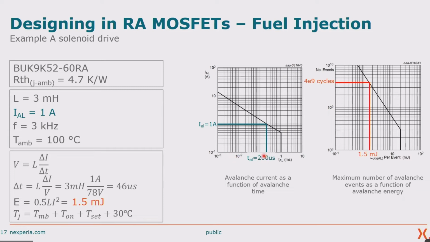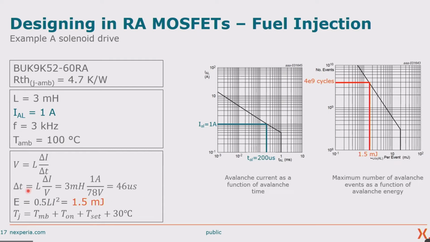figure, and we can see that the avalanche time can be up to 200 microseconds. By using calculation and the simple inductor equation, we can see that the avalanche time should be much less than that, so we are safe there.